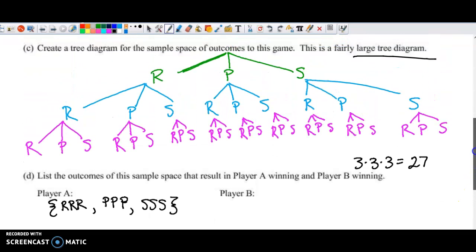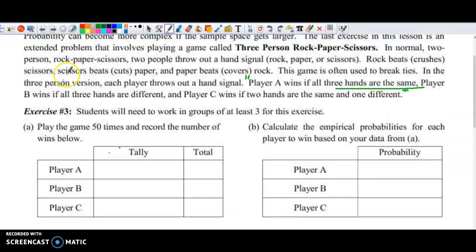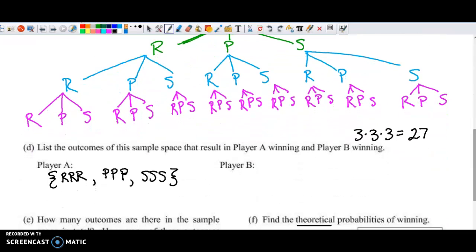Now for player B, let's remind ourselves that player B wins if all 3 are different. Looking through the tree diagram, rock, well, it can't be rock now, so it could be paper next, and then scissors. So R, P, S. Rock could be scissors if the next one is paper. So rock, scissors, paper. Next, paper, rock, scissors.